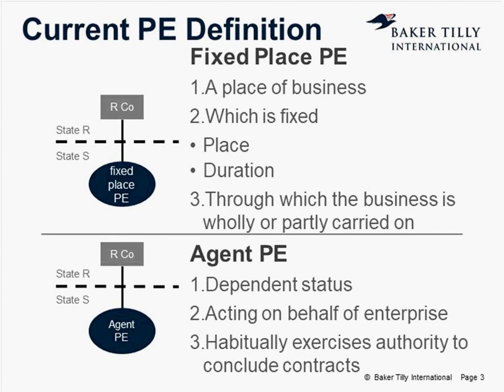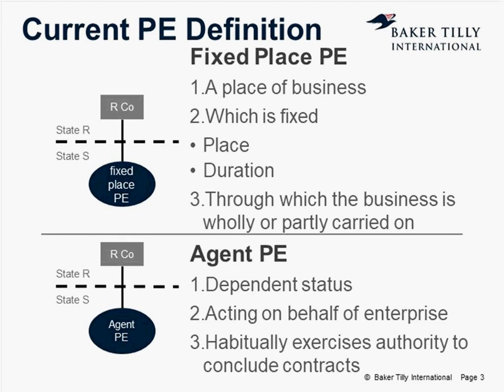If we start with the fixed place of business PE, then you need to create a PE in the first instance, a fixed place of business that has to have a certain duration. In addition, the kind of activities are decisive.